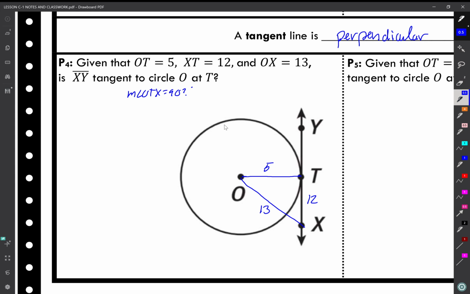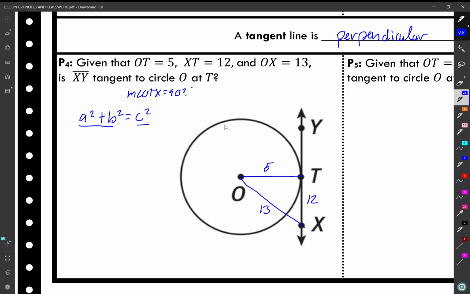The best way to check if a triangle is a right triangle is to plug the 3 sides into the Pythagorean theorem and see if it works, because that only works for right triangles. So remember, the Pythagorean theorem is a squared plus b squared equals c squared. I'm going to plug in this part first, and then I'll plug in the c squared and see if they are equal to each other. The hypotenuse is c for sure, and the hypotenuse is the longest side, so we'll plug in the 5 and the 12 for a and b.